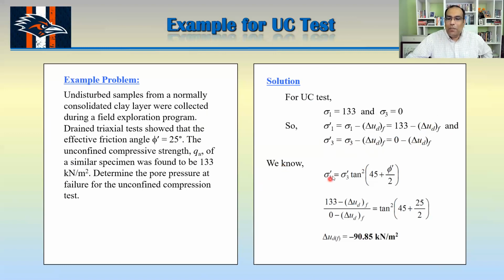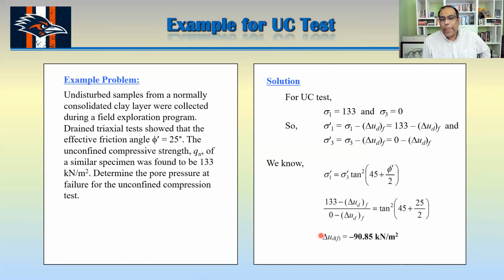Now we know sigma 1 equals sigma 3 times tan square of 45 plus phi prime by 2. We already know the value of phi prime. If we plug that value in, sigma 1 divided by sigma 3 is tan square of 45 plus phi by 2, and then basically we get minus 90.85 kilonewton per meter square.